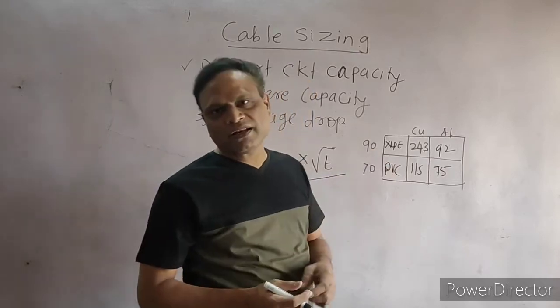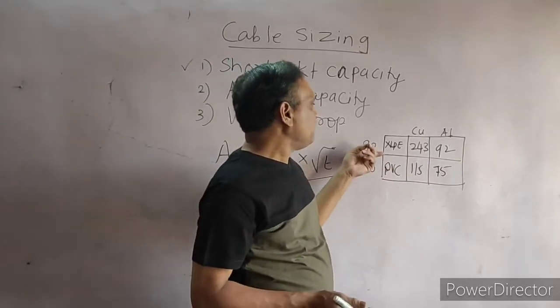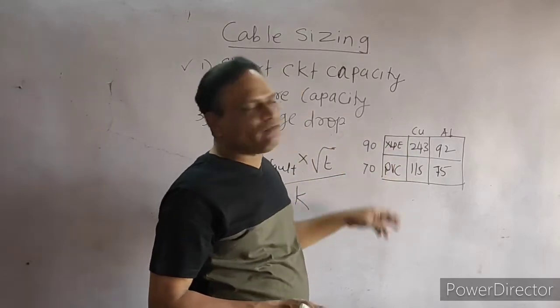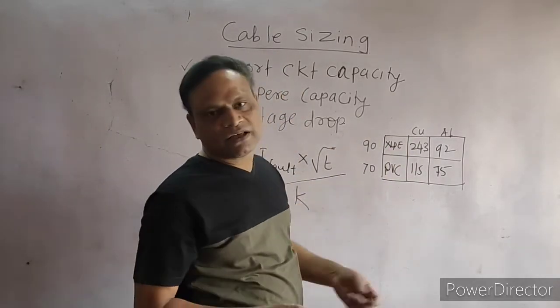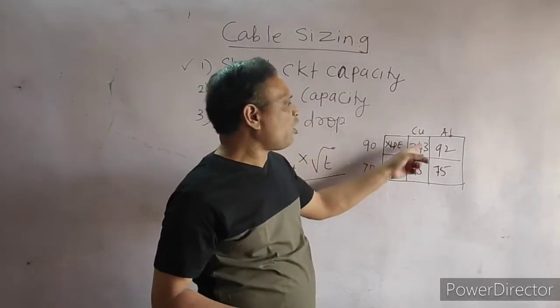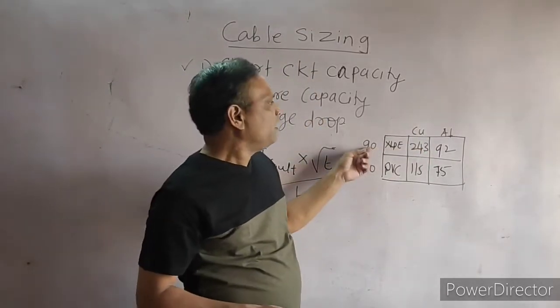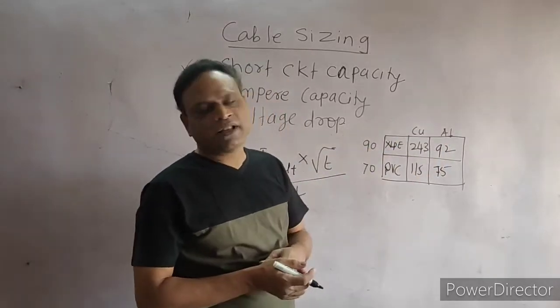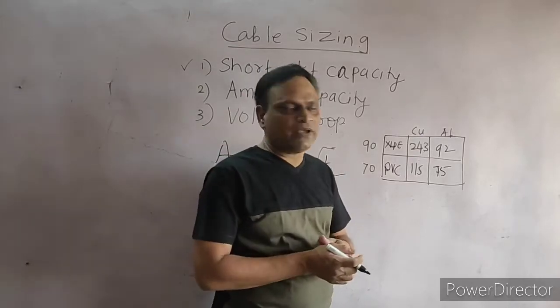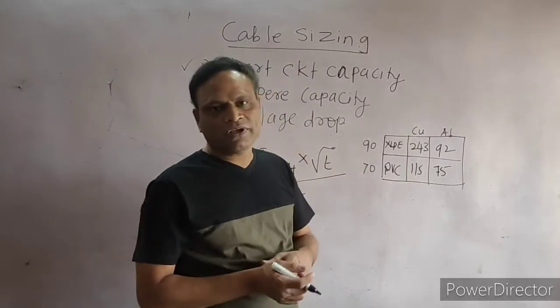The manufacturer gives the rating at 90 degrees for the XLPE cable, and for PVC cable he gives the value at 70 degrees. For copper it is 243 and for aluminium it is 92 at 90 degrees if the cable used is XLPE. This is the best cable we can use.